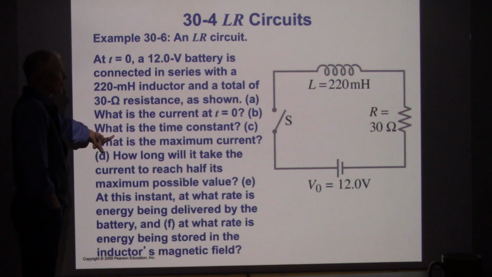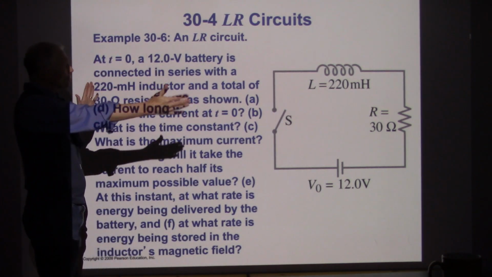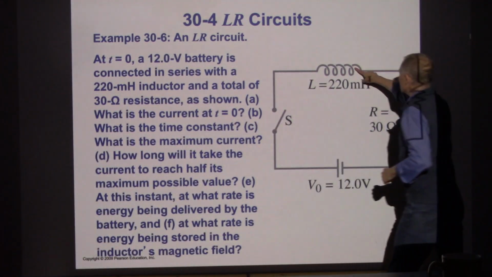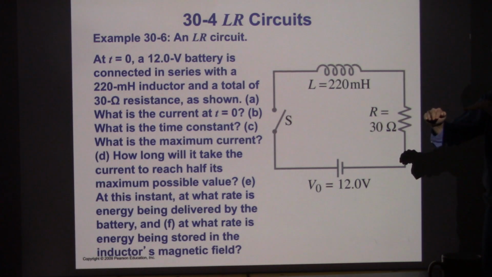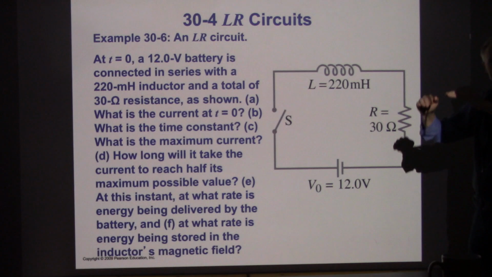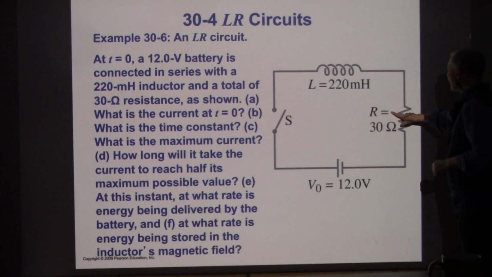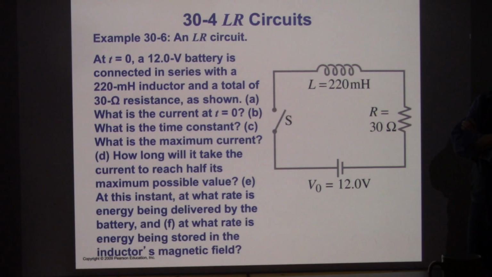What's the time constant determined by? The time will get stretched out based on how much inductance there is. More inductance means that the current in the circuit is going to rise more gradually. And then it's actually divided through by the resistance. So again, what the resistance is doing is it's setting up what the asymptotic value will be.